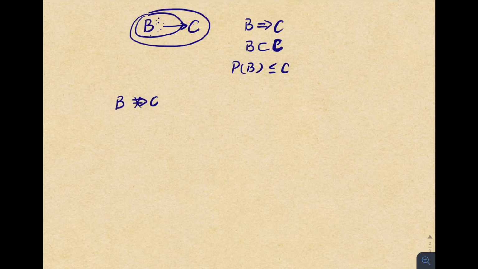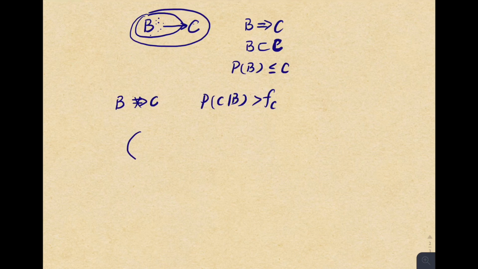In this case, the next best thing we can expect is that the probability of C happening given B is guaranteed to be larger than some threshold or constant. We call it Fc.